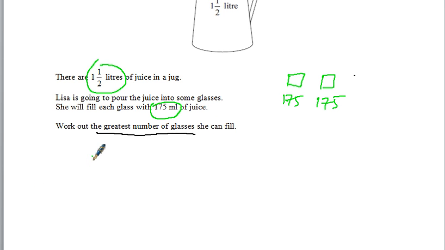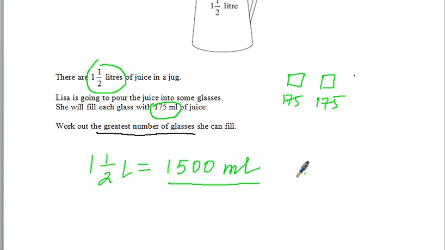So what we need is to write 1.5 liters in milliliters. 1 liter is 1000 milliliters, and I'm very pleased that all of you remembered that 1 liter is 1000 milliliters and half a liter is 500 milliliters. So you were able to get at least 1 mark on this, okay?